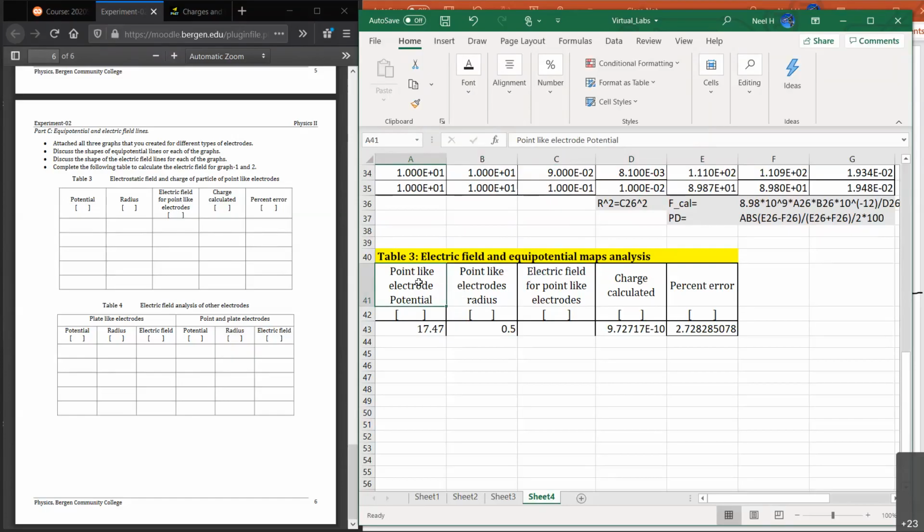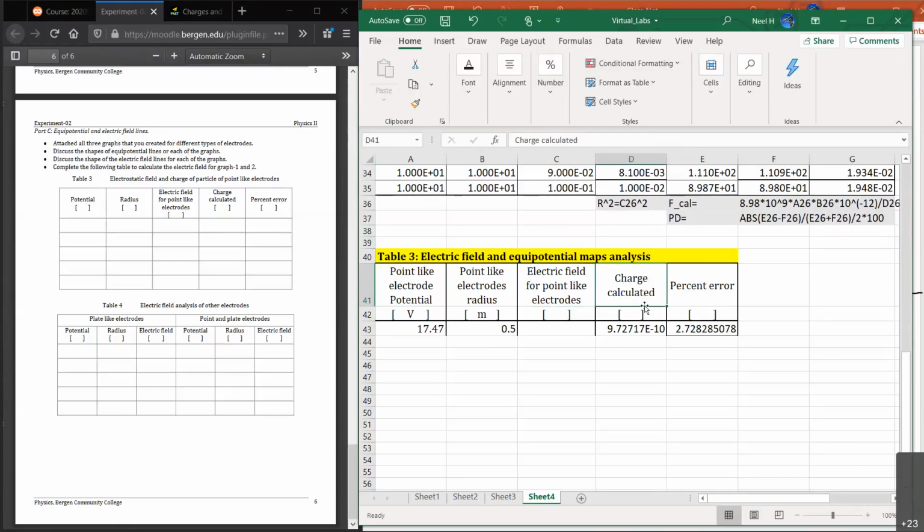So this is a point-like particle, right? So we call it point-like electrode. Potential is measured in units of volts, and the radius is measured in units of meters. And then we're going to calculate the electric field between those equipotential lines, electric field of the point-like electrode between equipotential lines.